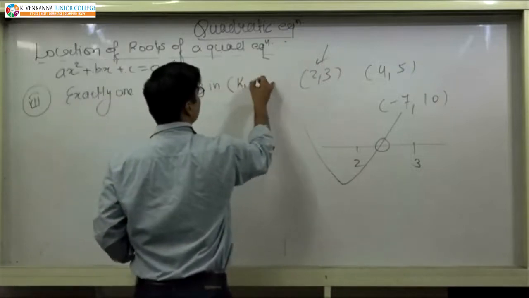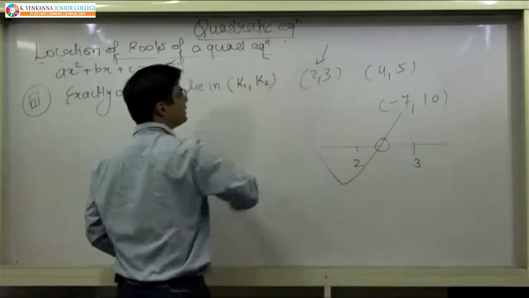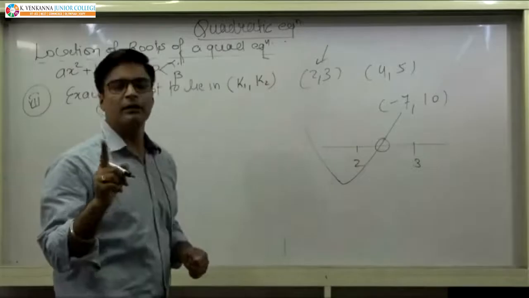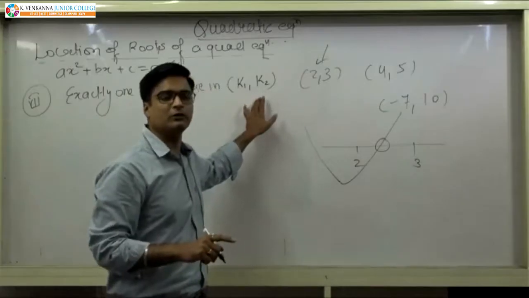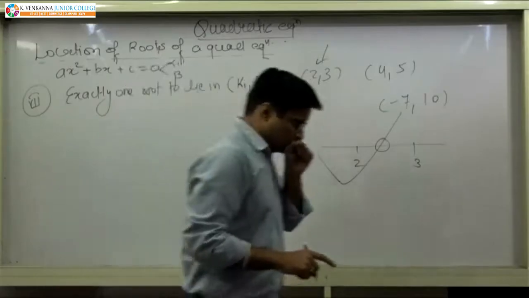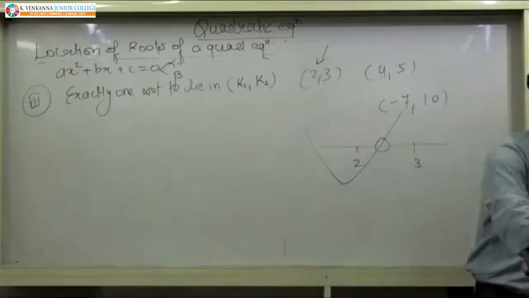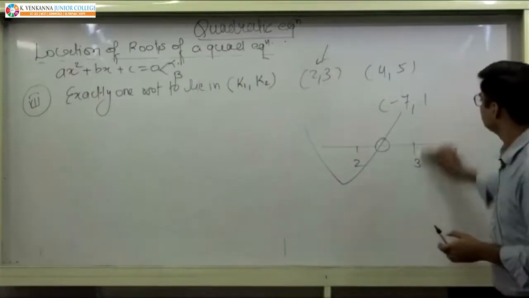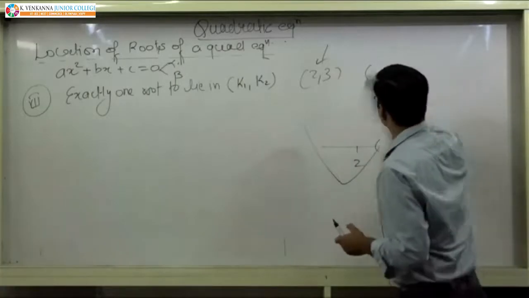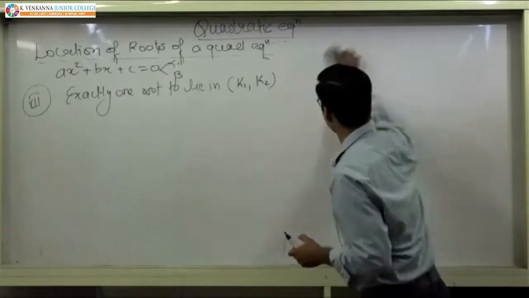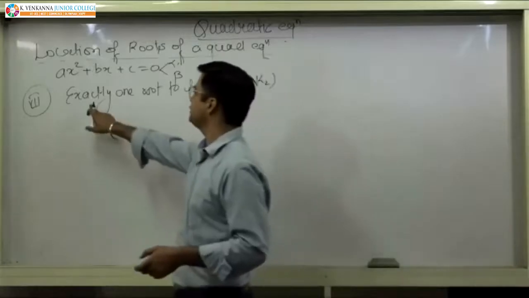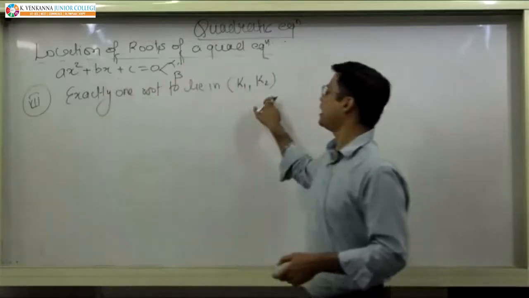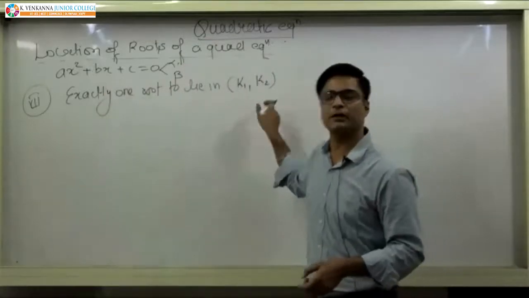Let's say K1, K2 interval. Instead of taking a particular value, I am taking a general value, that is K1, K2. So what is the condition for exactly one root of this equation to lie in this interval, that is K1 and K2?